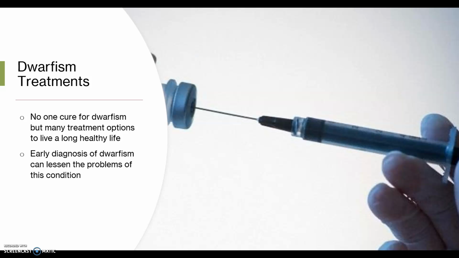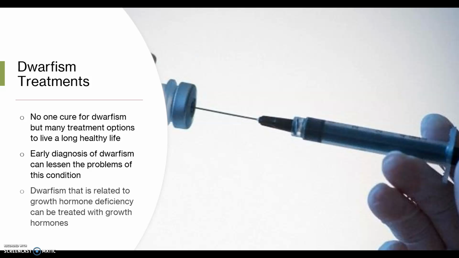Early diagnosis of dwarfism can lessen the problems of this condition. And dwarfism that is related to growth hormone deficiency can be treated with growth hormones to ensure that they reach a proper height and are healthy.